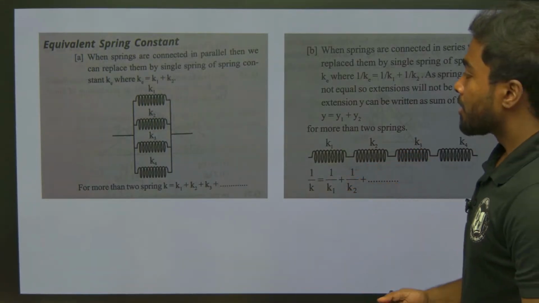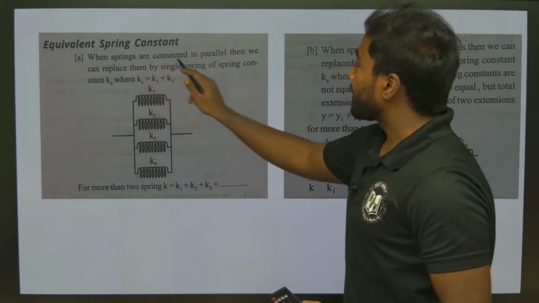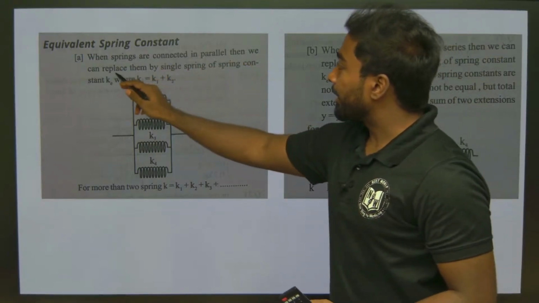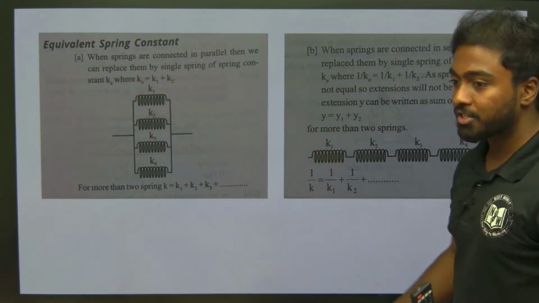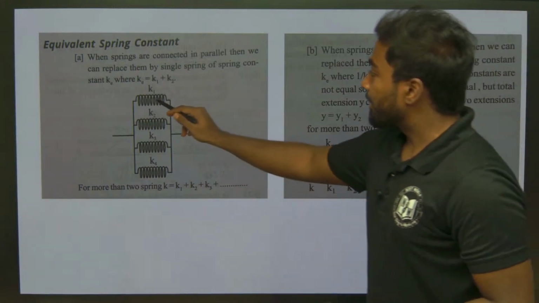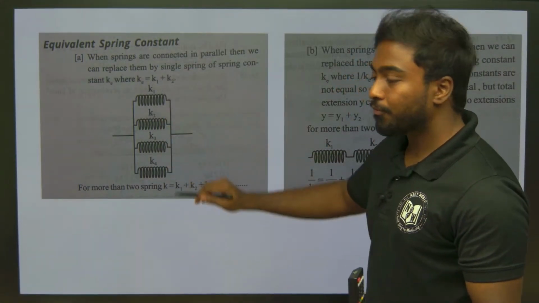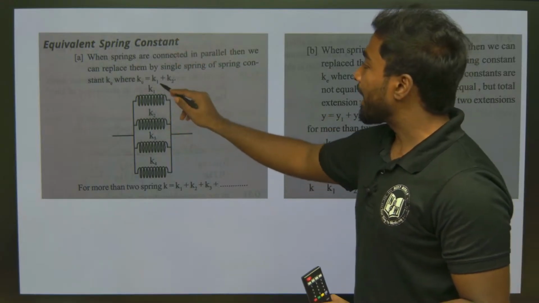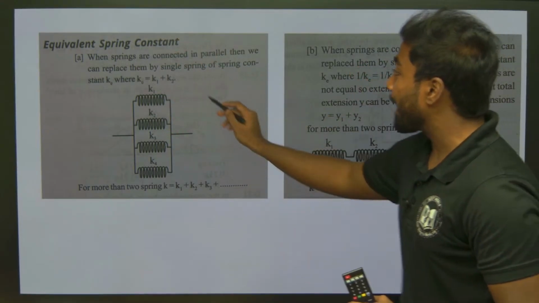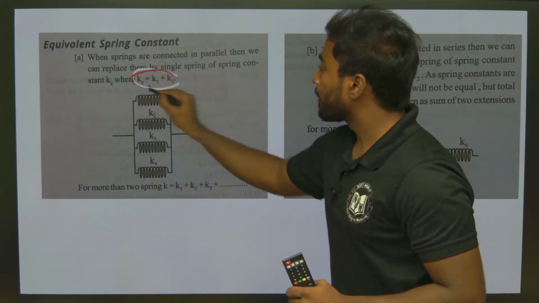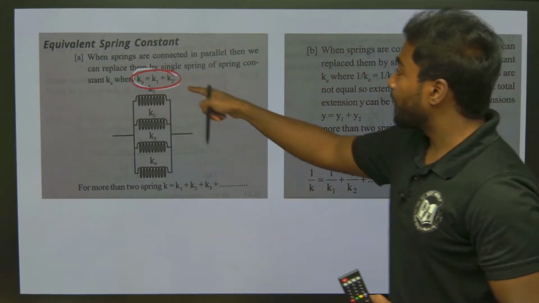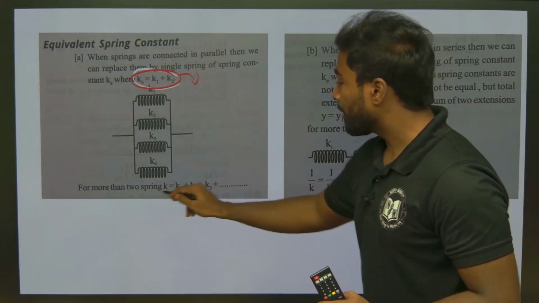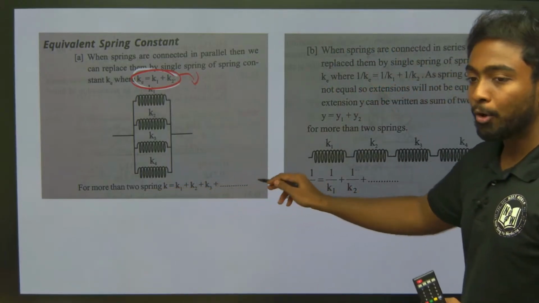So when springs are connected in parallel, we can replace them by a single spring constant. K1 and K2 are the spring constants for spring 1 and spring 2. So the total spring constant will be K1 plus K2 for the parallel condition. This is for two springs. For n springs, K1 plus K2 plus K3 up to Kn.